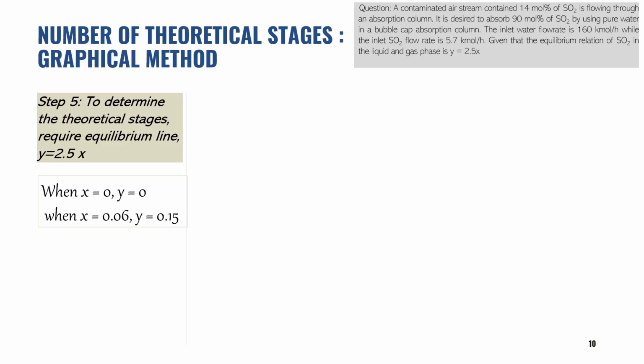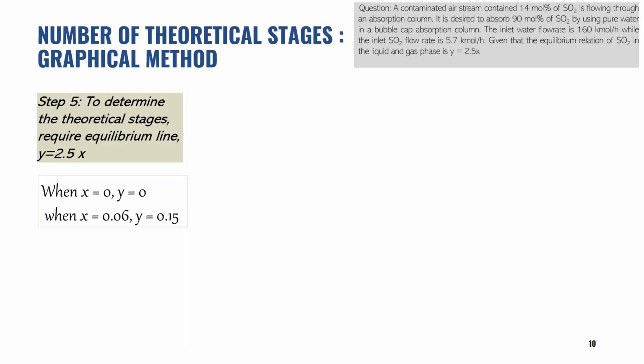In general, we only have 14% of SO2 in the inlet stream, which we need to absorb as much as 90% of. So what is left in the gas stream is 10% out of 14%.